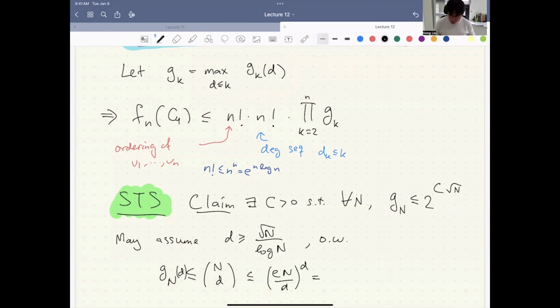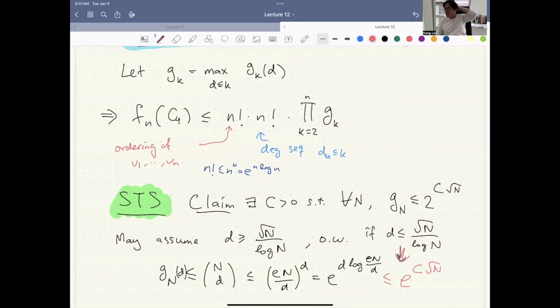So this is e^(D log(en/D)). If D is smaller than square root n over log n, this implies it is smaller than e to the power of some constant times square root n. Then in this case, for this value of D, this is true. So we just need to worry about when D is large.